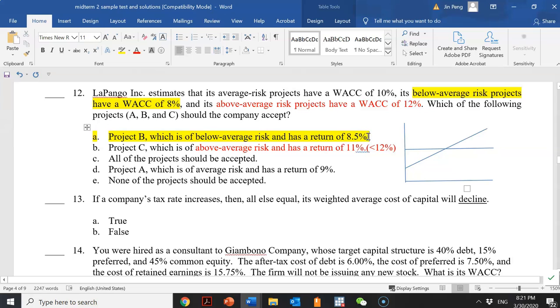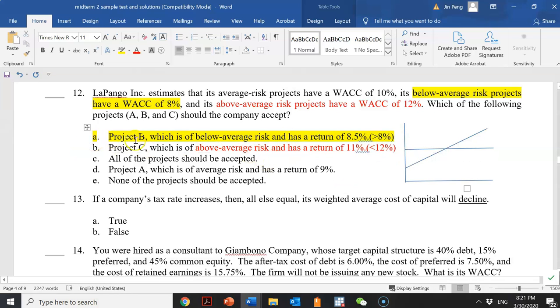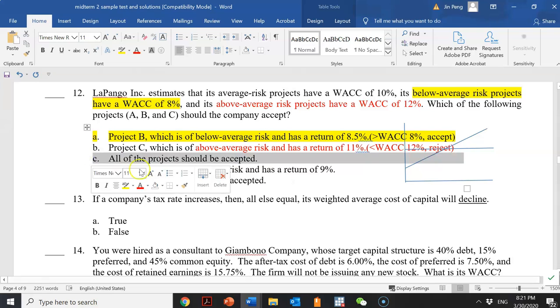Unlike option A, which has a return above the 8% WACC. So we accept project B and reject project C. So option C is not correct.